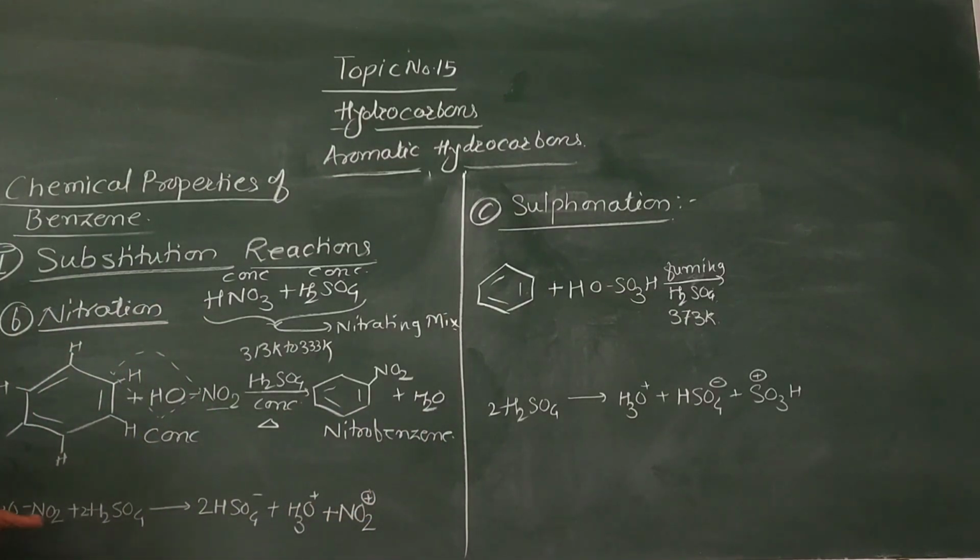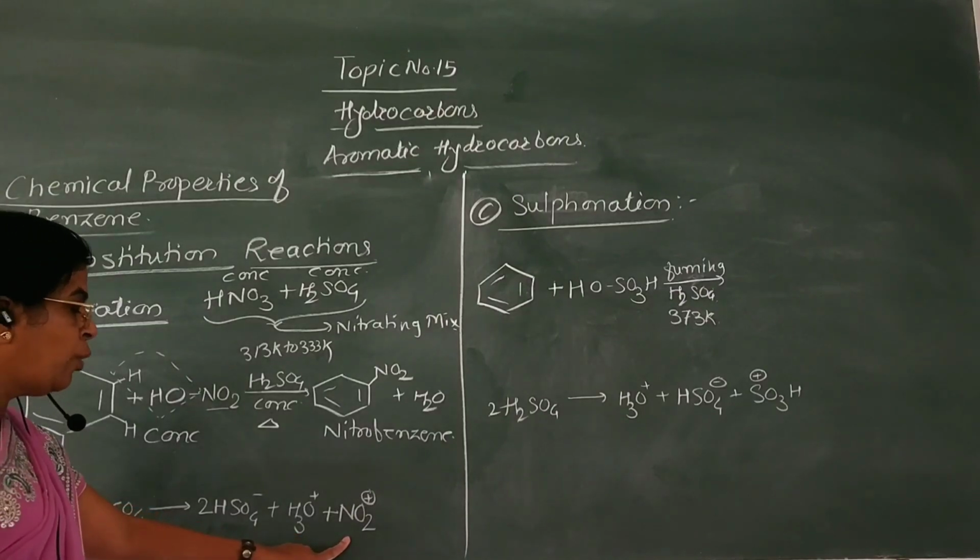Here the reaction between nitric acid and sulfuric acid is carried out. This is HNO3, that is nitric acid, and this is H2SO4. Then when the reaction is carried out, formation of 2HSO4 minus plus H3O plus plus NO2 plus takes place.